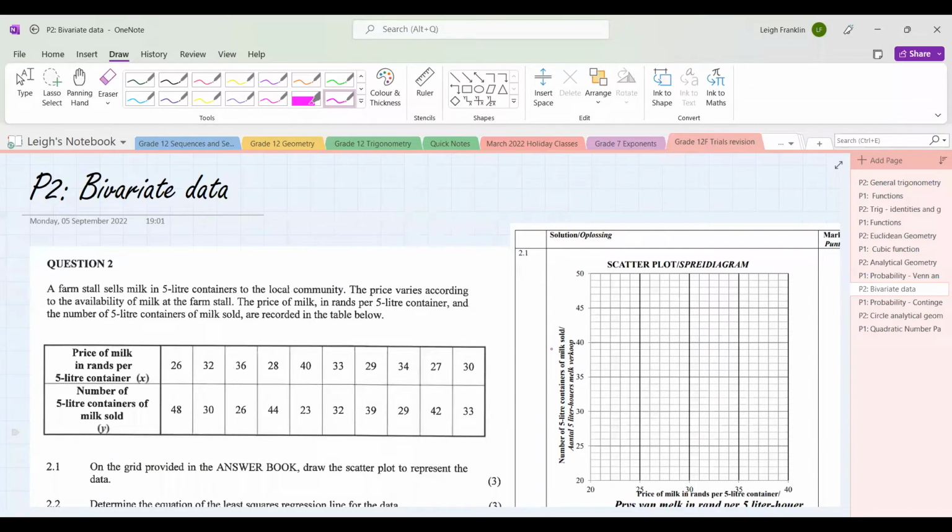So 26 and 48. 26 is this line over here. So 48 would be 46, 47, that would be that point over there.